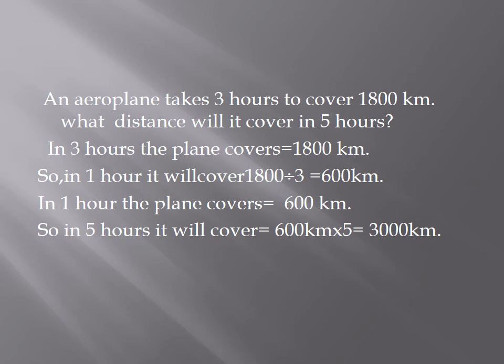So, in 1 hour, it will cover 1800 divided by 3 is equal to 600 kilometers. So, in 5 hours, it will cover 600 kilometers multiplied by 5 is equal to 3000 kilometers.